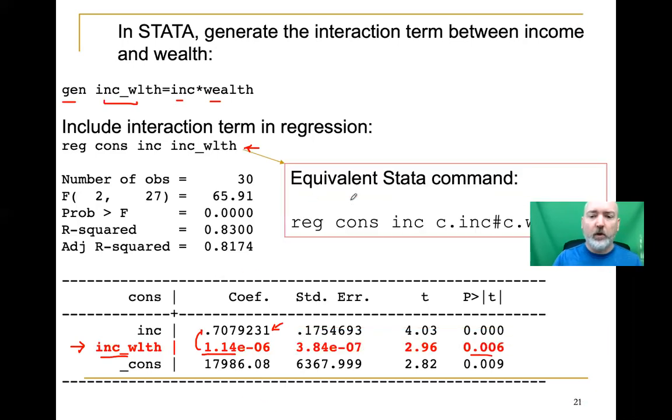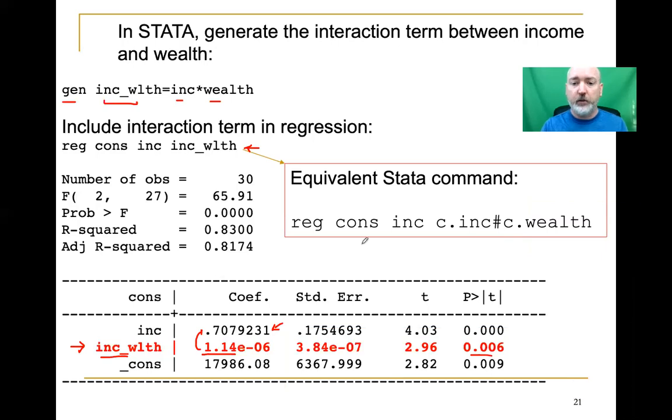And just as a quick note, we could once again use that interaction operator in Stata. So we could run the equivalent Stata command for that regression, regress consumption as a function of income, and the interaction between two continuous variables. So we got the c.income, hashtag interaction, I should say, c.wealth, and it'll come out exactly like this.